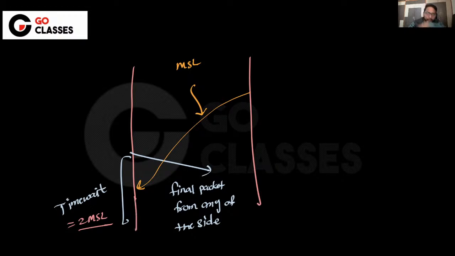If no packet arrives, then it means that every packet has been lost or destroyed in transit, or I do not have any other expectation from the receiver to send anything. So if there is any packet in the air, in transit, that must have been destroyed, or there is no packet at all, right? So I can now happily release the resources, I can close now.